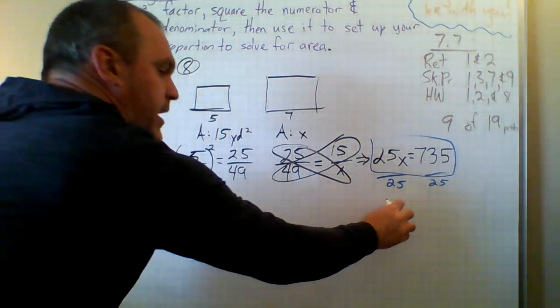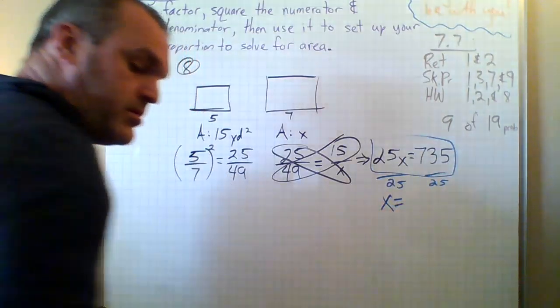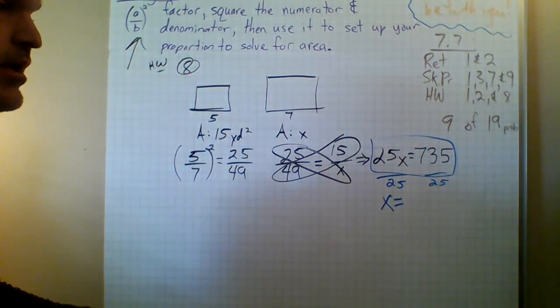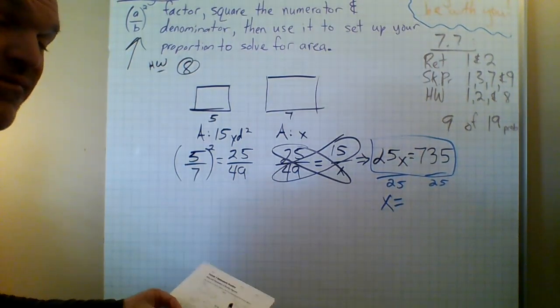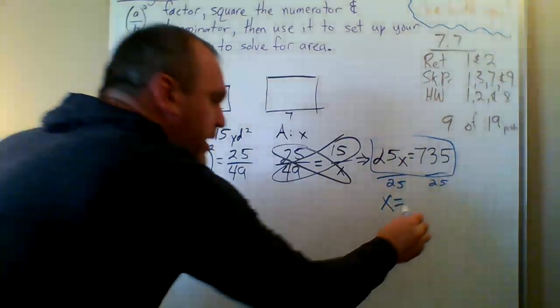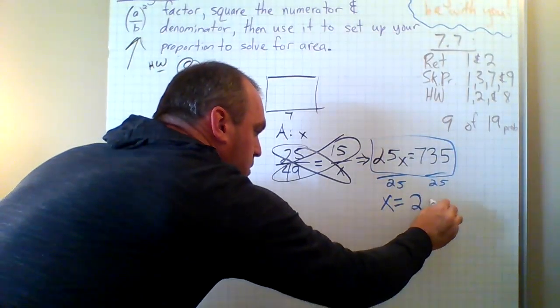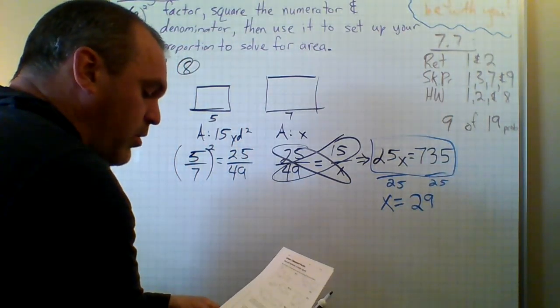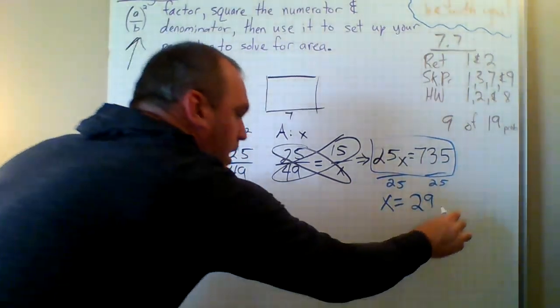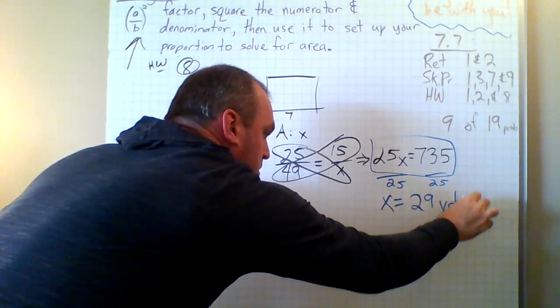And when you do that, you get x equals, you take your handy dandy calculator, you have the 735, you divide it by 25, and you get 29.4 on your calculator, which we can just say is 29. We'll round it to an even whole number, and that'll be yards squared.